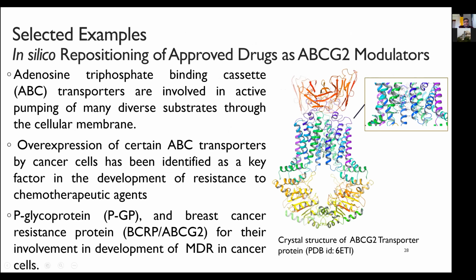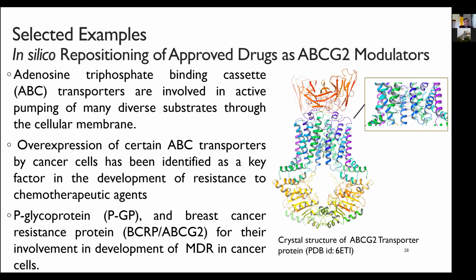Now, this is one example which we have carried out in our lab. Basically, we have repositioned approved drugs against ABC, the adenosine triphosphate binding cassette protein transporter. This is a transporter protein which is involved in multi-drug resistance in cancer.